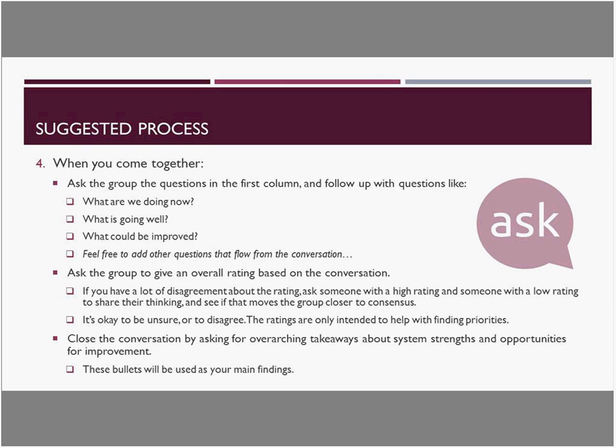If you think it would be helpful to the group, ask the group to give an overall rating based on the conversation. So as the conversation is kind of wrapping up around one particular question or set of questions, you can ask each person in the group to say how they would rate the level of activity for that particular type of service or activity.